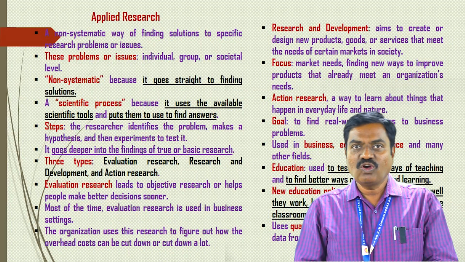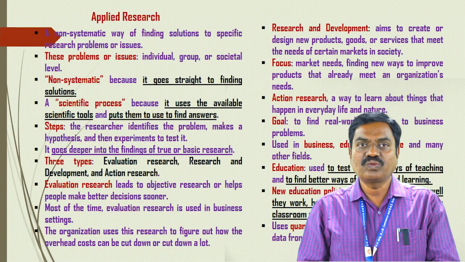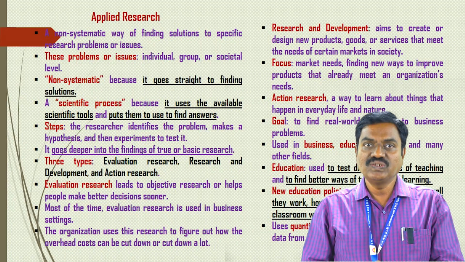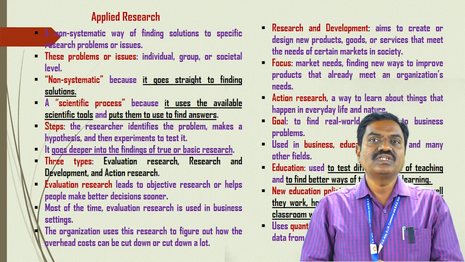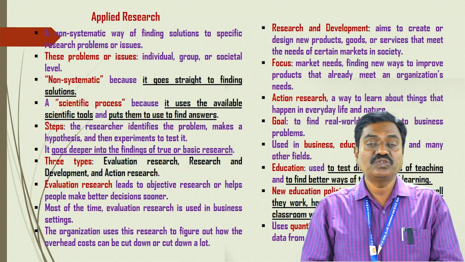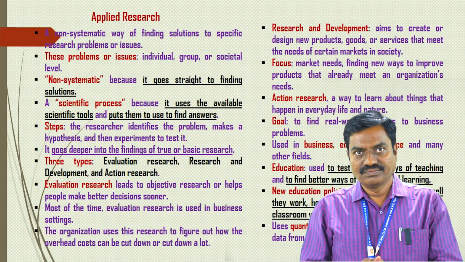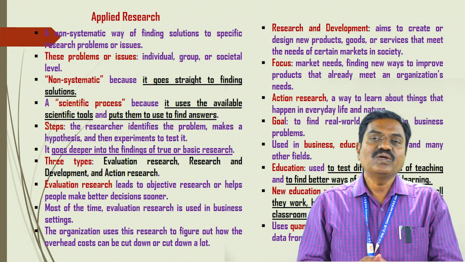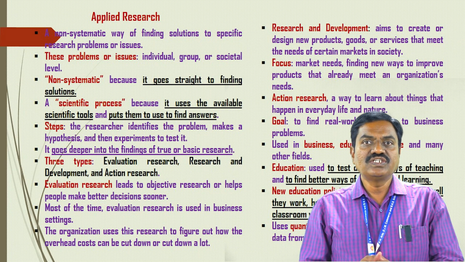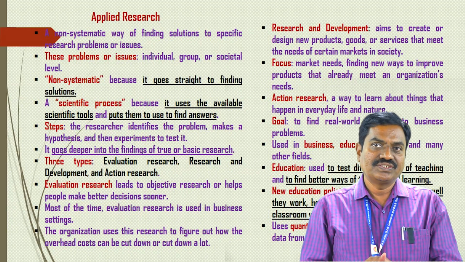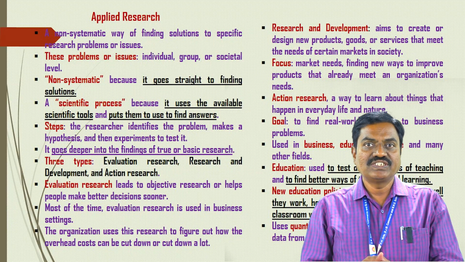Further, it is often called a scientific process because applied research uses the available scientific tools and puts them to use to find answers. Like in regular research, the researcher identifies the problem, makes a hypothesis, and then experiments to test it.